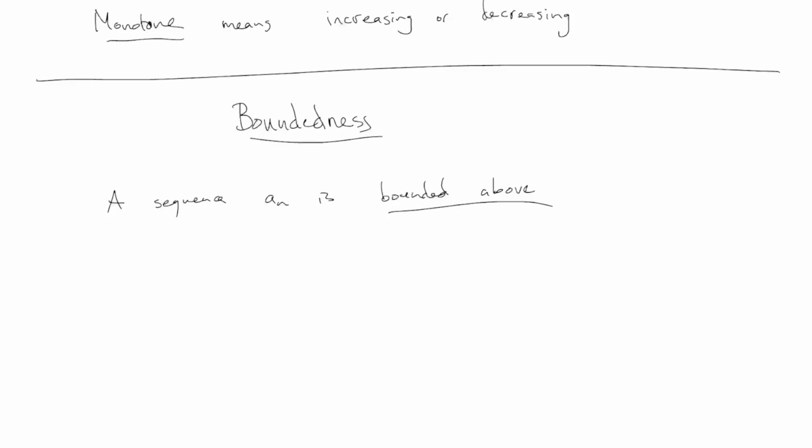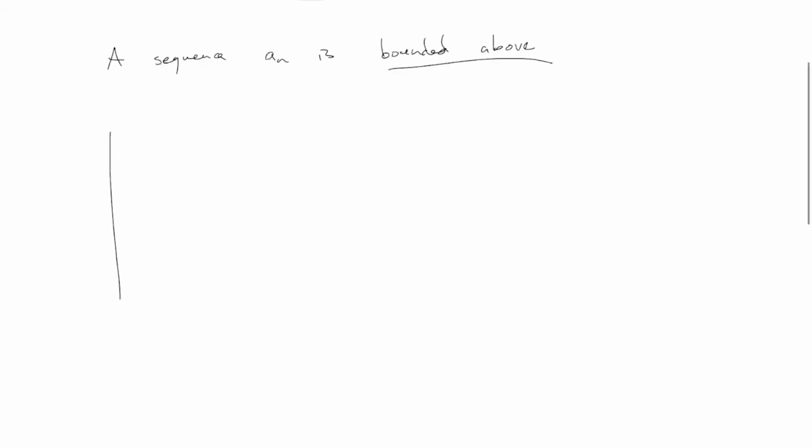Bounded above basically means there's some amount so that the sequence never goes above that amount. The picture you should have in mind is something like this: there's some kind of upper limit here, which in this definition we're going to call m, y equals m, and bounded above just means that the terms of the sequence always stay down under that maximum threshold. That m in this context is called the upper bound of the sequence.